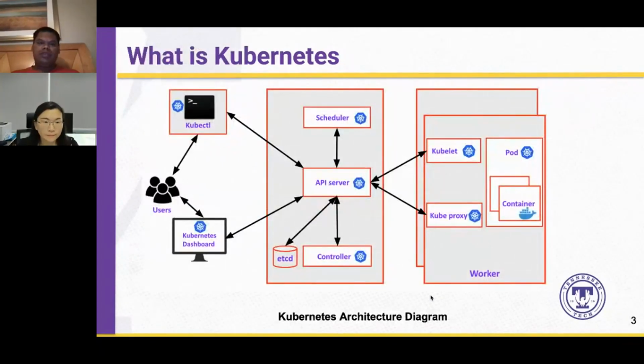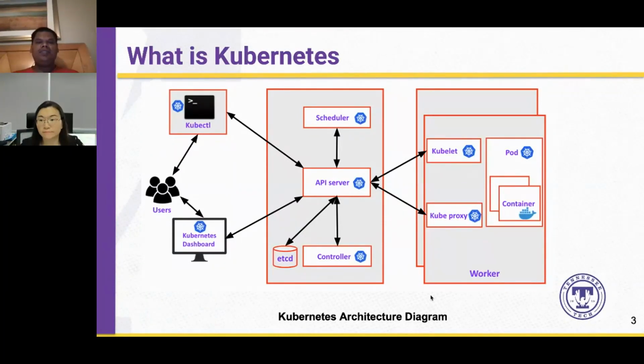Before I dive into what Kubernetes manifests are, this is what a typical architecture diagram of any Kubernetes installation looks like. On your left-hand side, you have users who use manifests to specify what configurations they should have for Kubernetes. And then that is being executed through a command called kubectl.